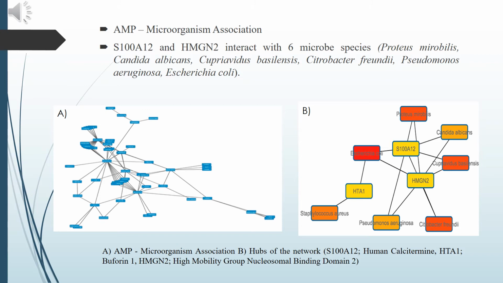And in figure B here, you can see the hubs of the association. Basically, there are three antimicrobial peptides that were most interacting with the microbe species, and the most interacting microbe species can be seen here as well.